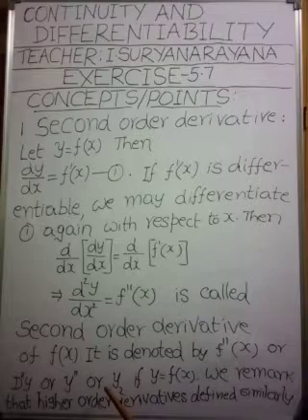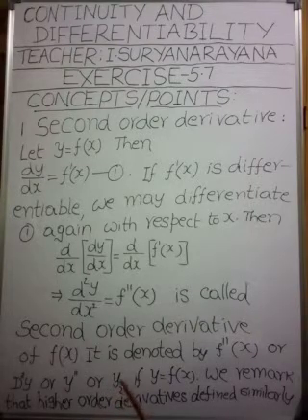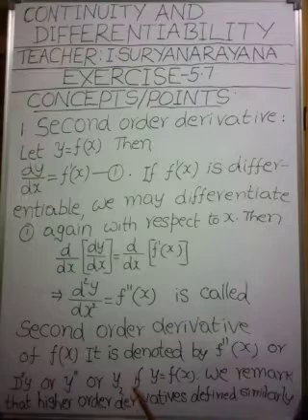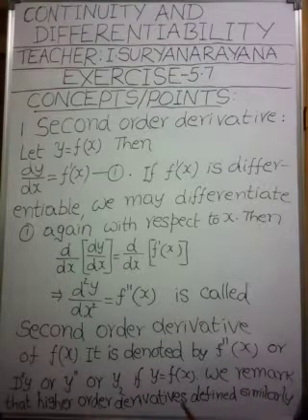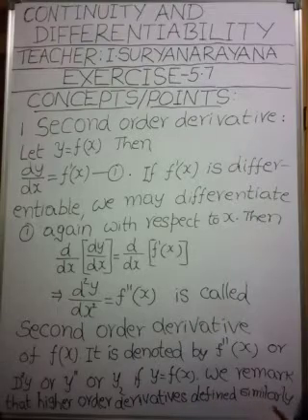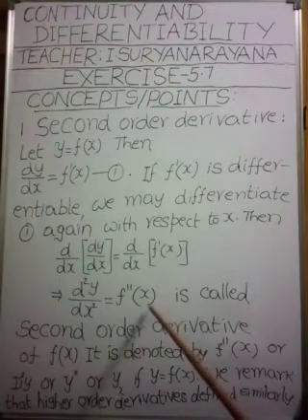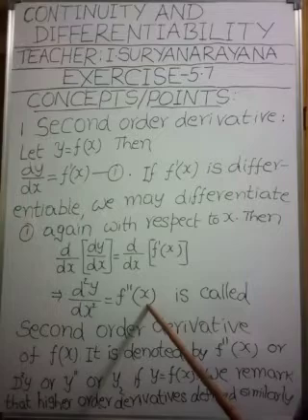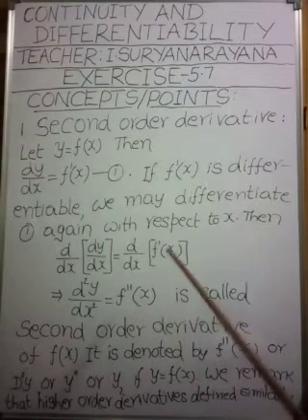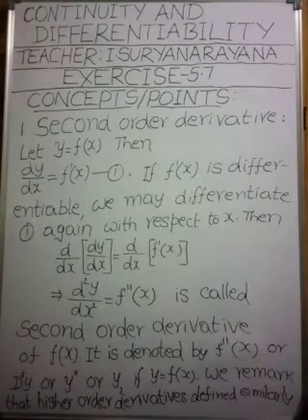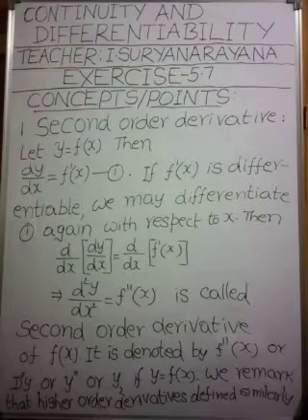All these four notations denote the same second order derivative. Understood this point, my children? Right. We remark that higher order derivatives are defined similarly. Means if we again differentiate this function, we get f triple dash of x, fourth derivative of f of x, and so on. Understood this point, my children? Right.